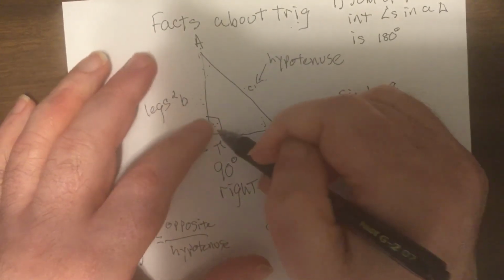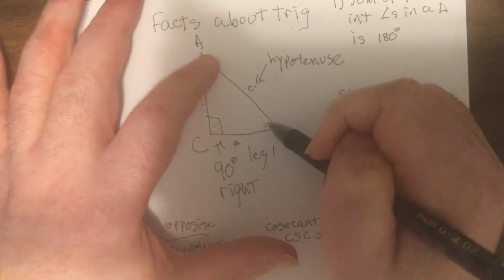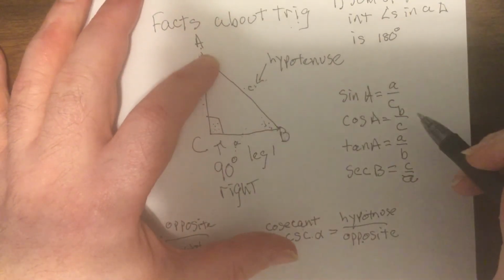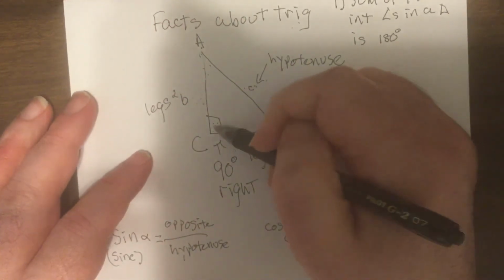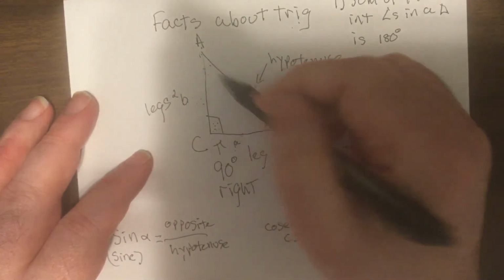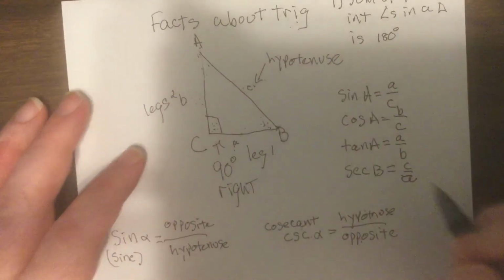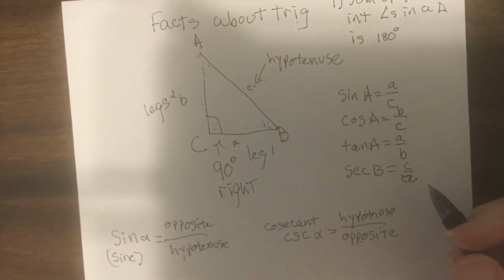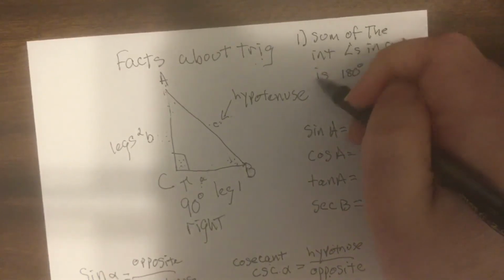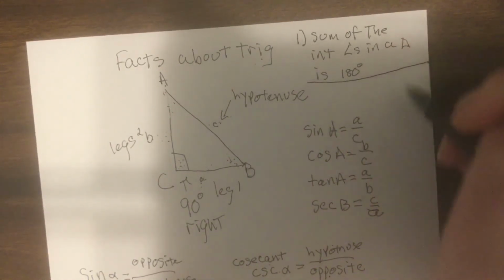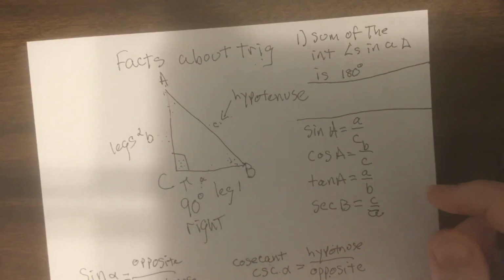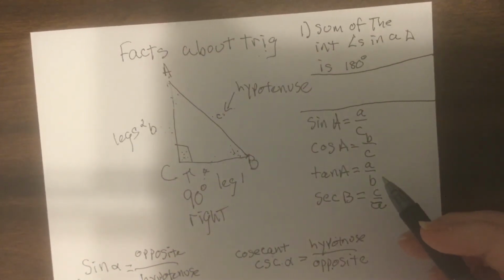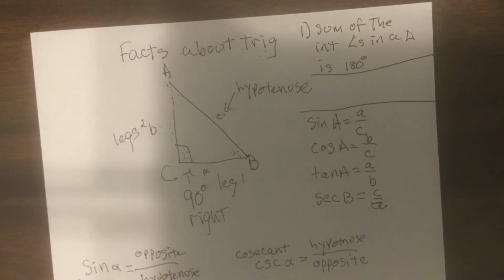So if I know this one and this one, I can find this by subtracting these 2 from 180. Also, if this is 90, that means these 2 add up to 90, and that's called complementary. This is another fact you should have on a note card. On one side, the sum of the angles of a triangle, the other side 180.